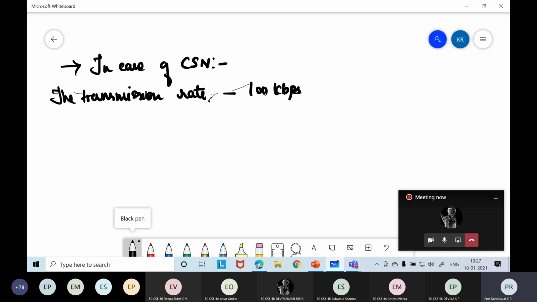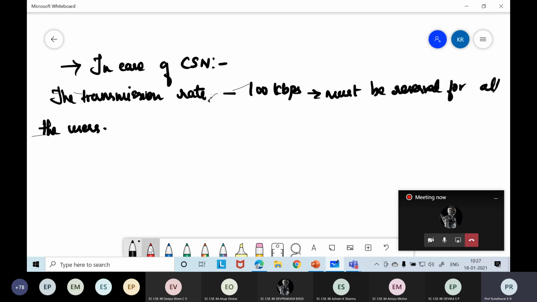In a circuit switched network, this 100 kbps must be reserved for all the users. You got it, right? The question says the transmission data rate is 100 kbps, so 100 kbps must be reserved for all the users, because all the connected devices get a constant transfer rate in circuit switched networks.